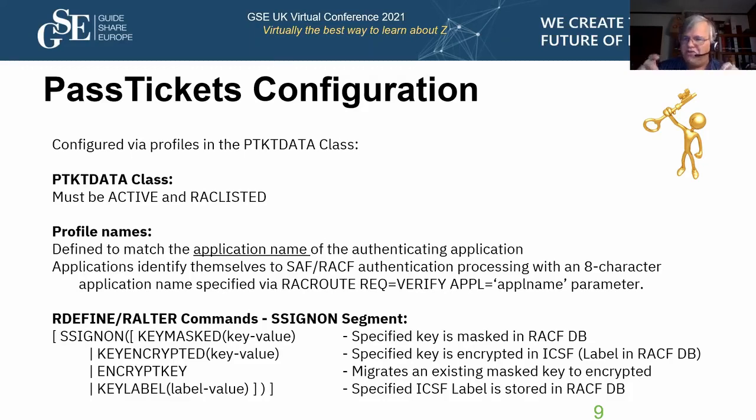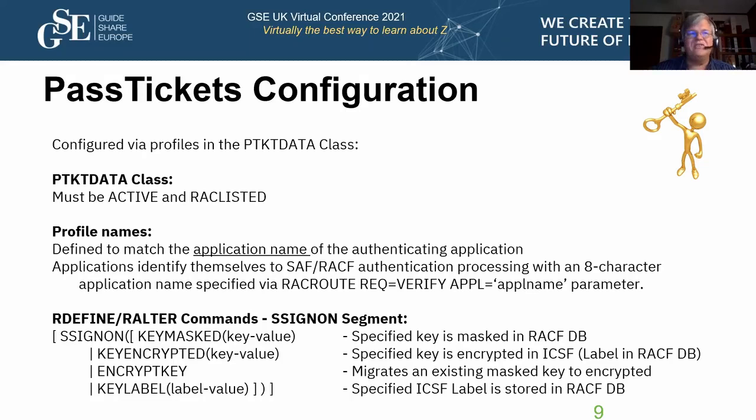In the profile that you define is an application name, optionally user and group ID names as well, to allow a finer granularity of mapping of keys to the environments. This information is in the PTKTDATA class profiles, and there's a specific segment, the SSIGNON, the single sign-on segment.